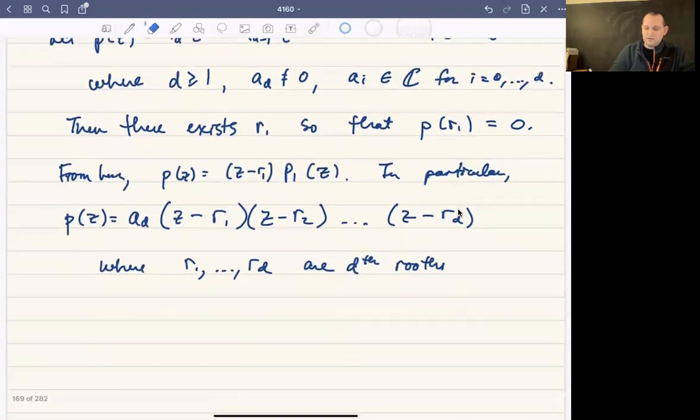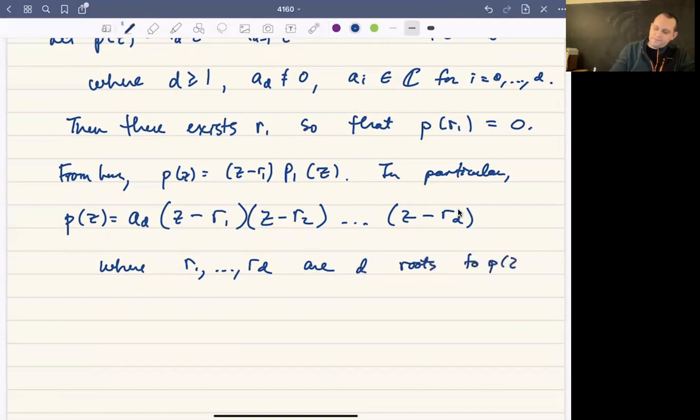So they're the d solutions to P of z equals 0. Okay, so every polynomial of degree d has exactly d roots. That's what the fundamental theorem of algebra says. That follows just from the simple fact that every polynomial of degree d has at least one root, because then you can repeatedly factor and then everything kind of follows from there.